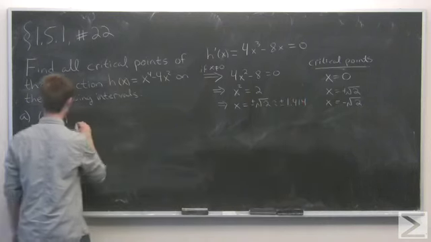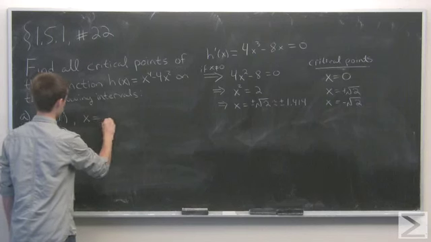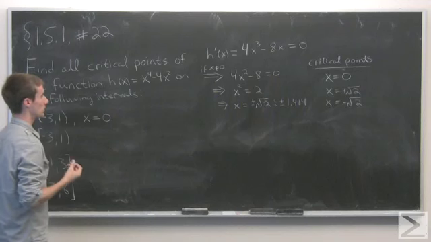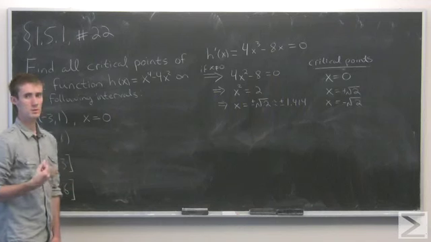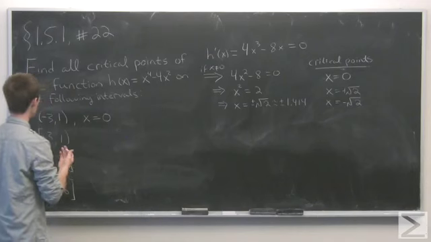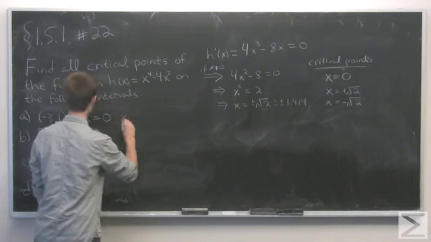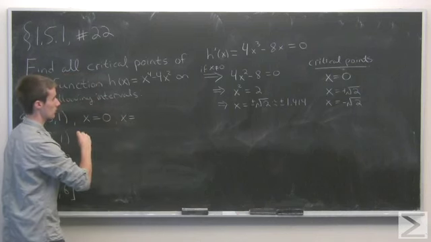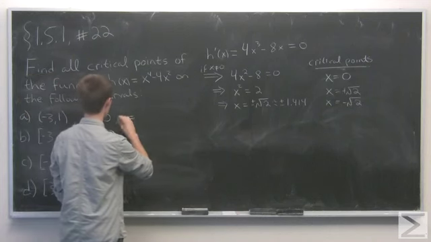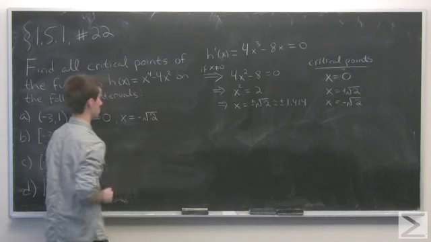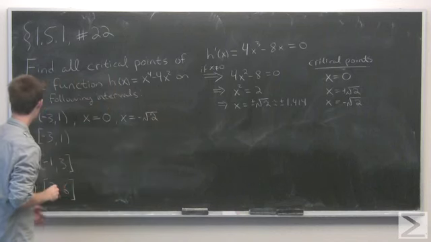Clearly we have x equals 0, and we do not have x equals the positive square root of 2, because our right-hand endpoint is 1. But we do have negative 1.414 contained in this interval, so it does contain x equals negative square root 2.